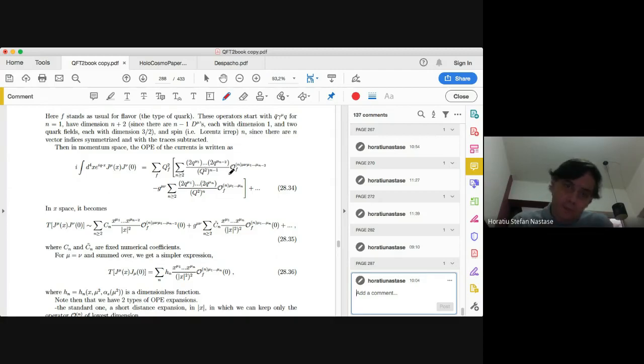But then for dimension reasons, I have to divide by q squared to the power n-2, right? So the power in here is 2n-2, but then the power in here is n-2. Subtracting n-2 from 2n-2, I get n. Okay, so that's not right.